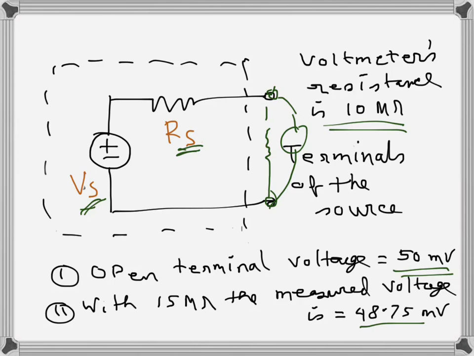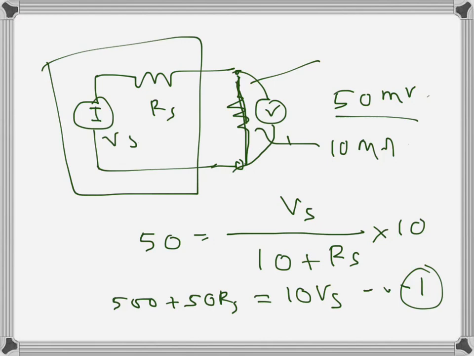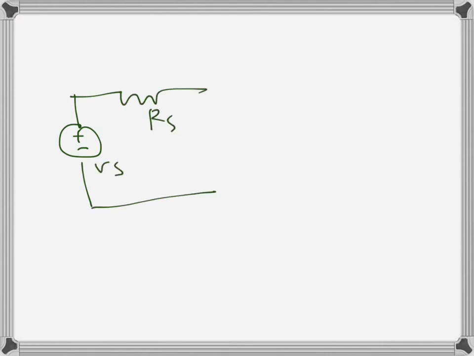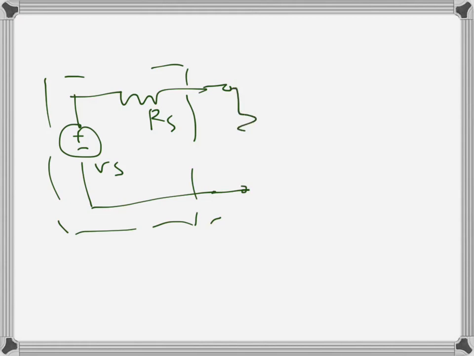Now in the second scenario, when a 15 mega ohms resistance is connected at the terminal, the circuit becomes like this. This is the voltage source Vs, this is Rs, and this here is the terminal, and instead of measuring the open circuit voltage, now we are connecting a 15 mega ohm resistance, across which we try to measure the voltage with the voltmeter.